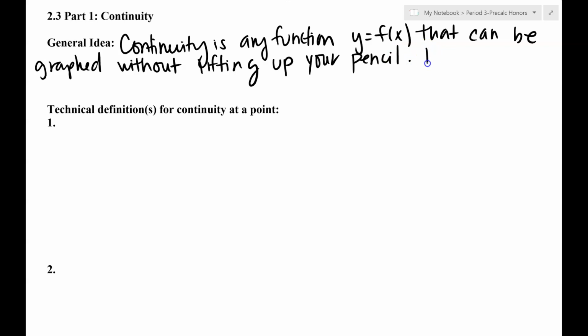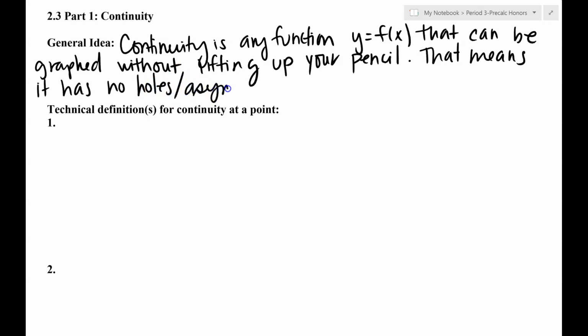Okay, so that means if you can't lift up your pencil, it has no holes, no asymptotes, and no jumps.